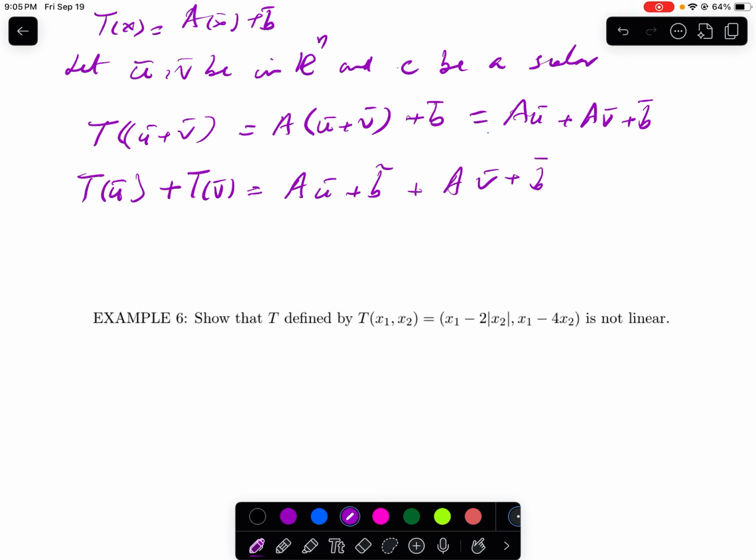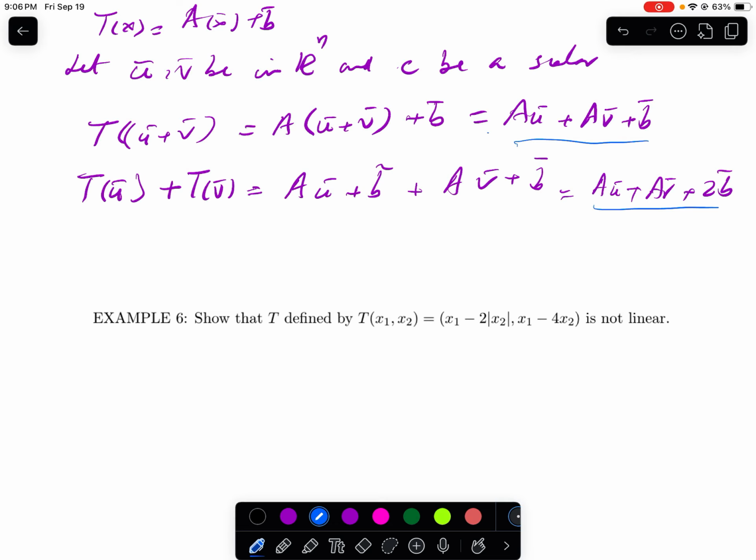So if I look at this, this gives me Au plus Av plus 2b. So now you see these two are not the same.